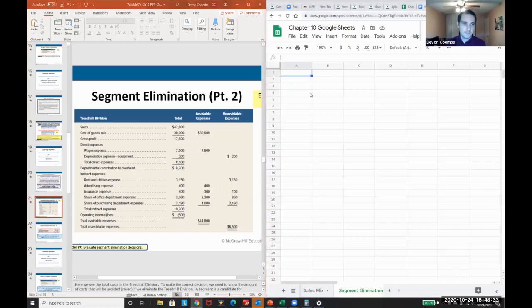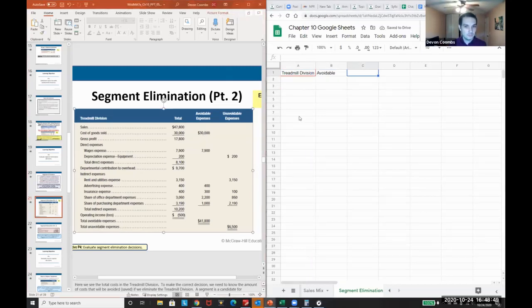Here, for the treadmill division, we would look at avoidable expenses and take them out. So what's avoidable? Our cost of goods sold is avoidable.